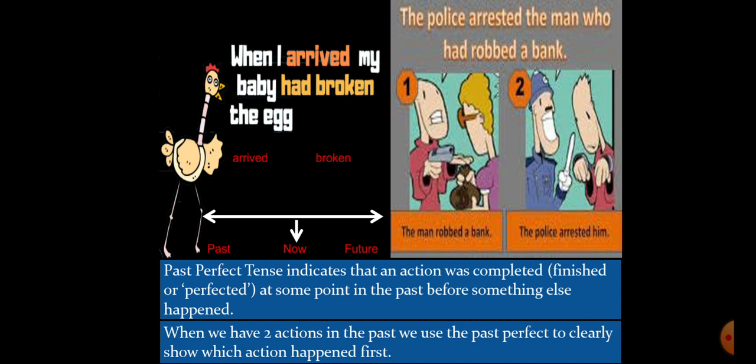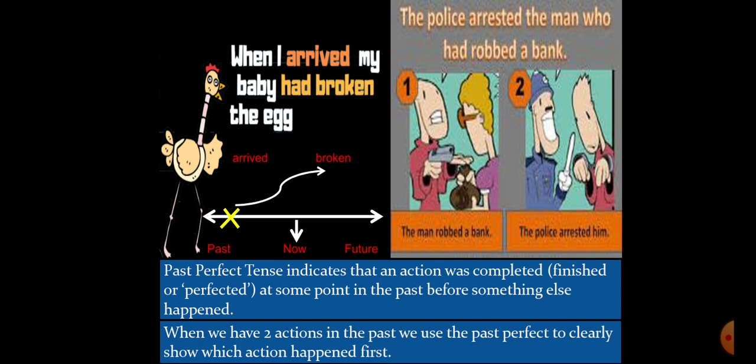So let me say that one action happened in the past. You can see the yellow color cross mark, that is the action. First action happened in the past. So which action happened? You can see that broken, the breaking of the egg, happened before.